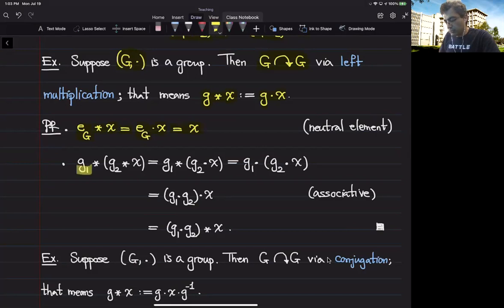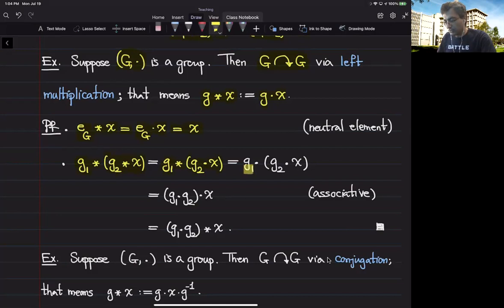Next, I need to show that G1 star (G2 star X) is the same as (G1 dot G2) star X. But let's go step by step. G2 star X is simply G2 times X inside the group. I get another point inside the group, and then I need to understand what is G1 star of this point. Again, by definition of the star, in this case, G1 acts by left multiplication.